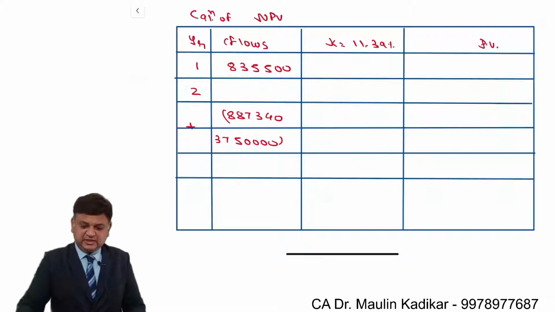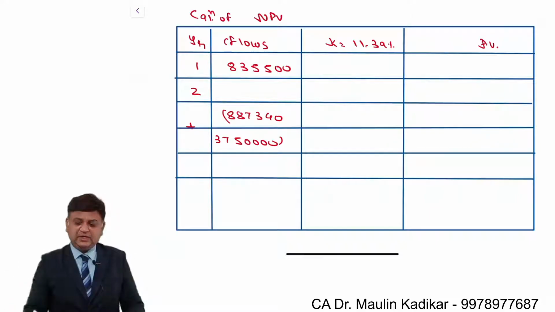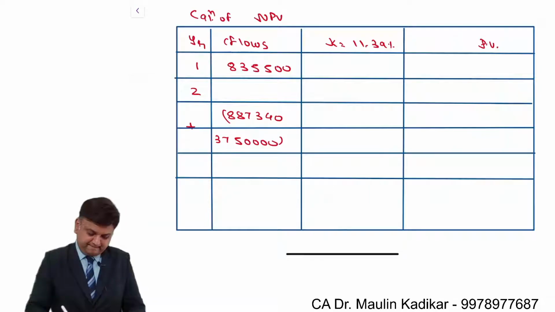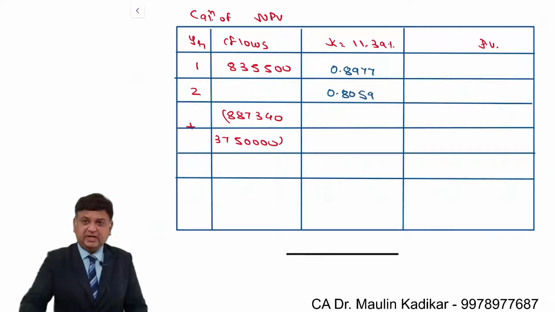So 11.39%, 0.8977. Second year it is 0.8059. 8,87,340 plus 37,50,000.